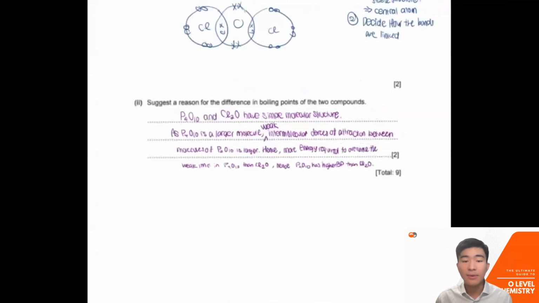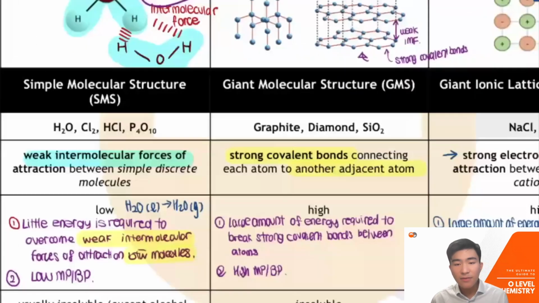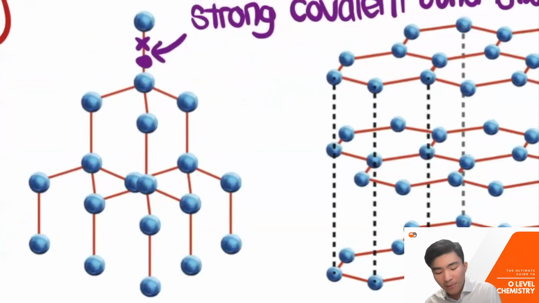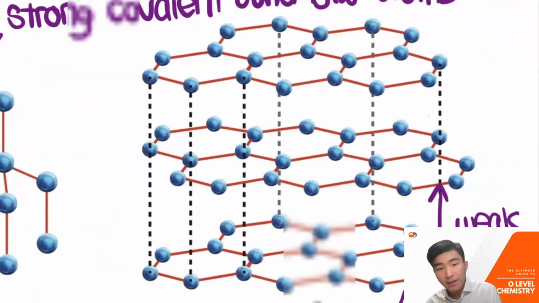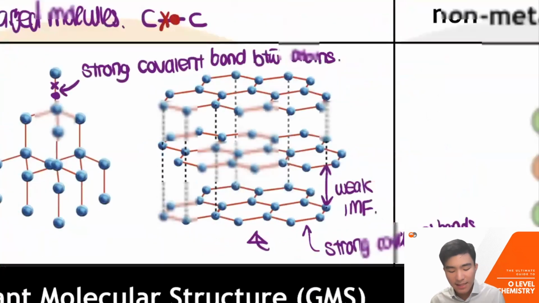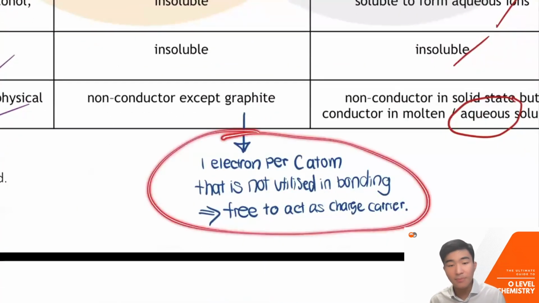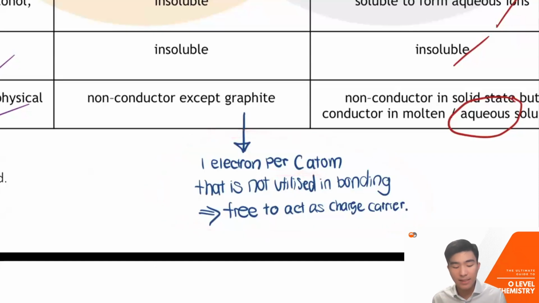We go back to our summary. Each of the carbon atoms is only going to form 3 covalent bonds. Because they form 3 covalent bonds, there is still one electron left unbonded. Hence, that is the reason why graphite can conduct electricity. One electron per carbon atom that is not utilized in bonding can act as a charge carrier.